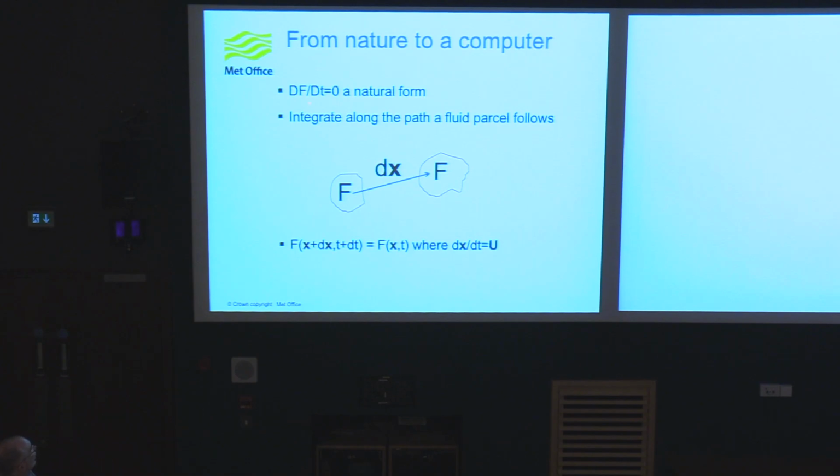And because this is following the parcel, following the air, then we know that dx by dt is the velocity of that air parcel. So we can write down what that means, having integrated this equation along the parcel of air.